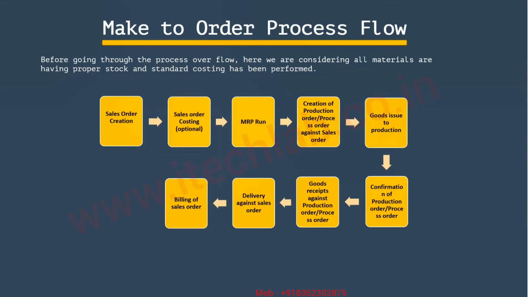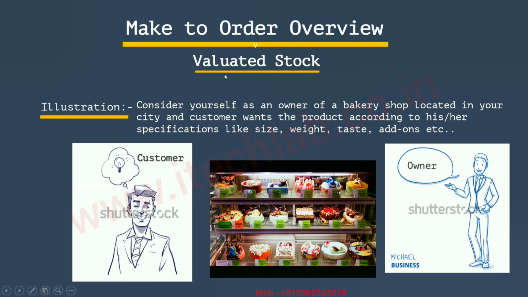And when I say to you, just come here, there is a word called valuated stock on the slide. What does this valuated stock mean? Valuated stock means the customer has given his specification according to size, weight, taste and all, but the goods are going to be used by you.